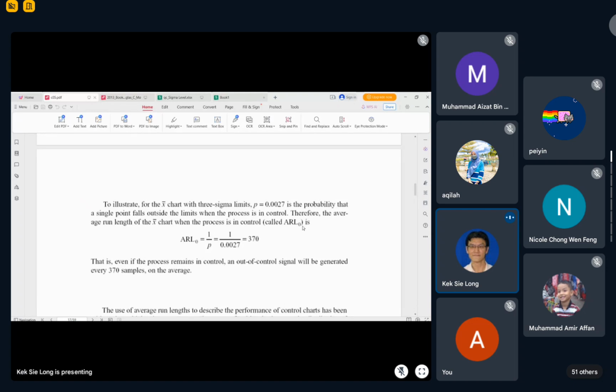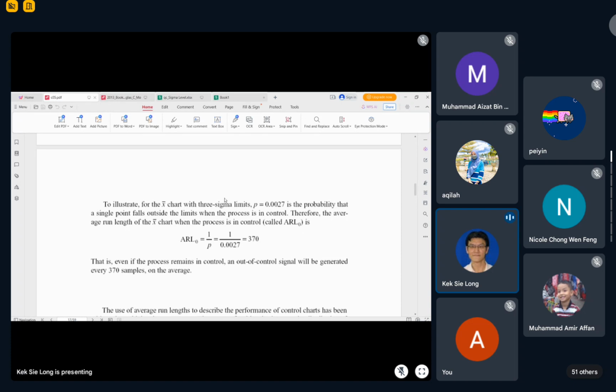Normally we read it as H not, H1, right? So the same thing happens here. We have ARL not, and then of course another one we call ARL 1. Let's see ARL not first.